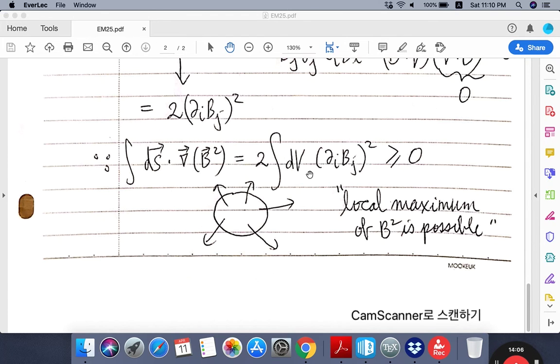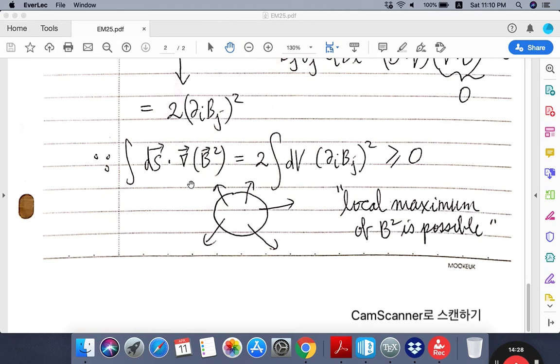Now what that means is that it's possible to have a configuration in which this gradient has directions that are entirely flowing out of the closed surface, but certainly not entirely flowing in.